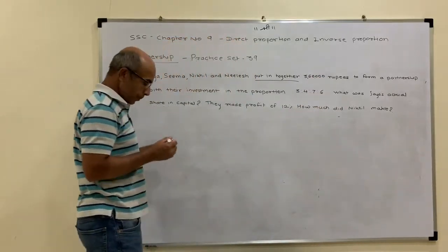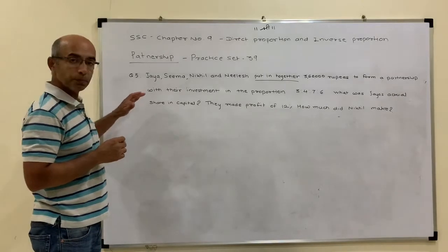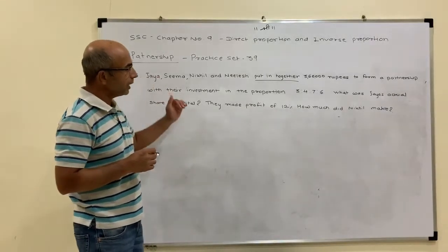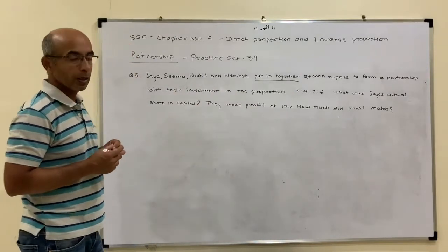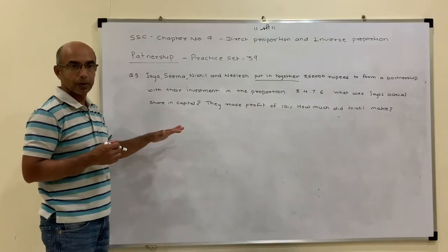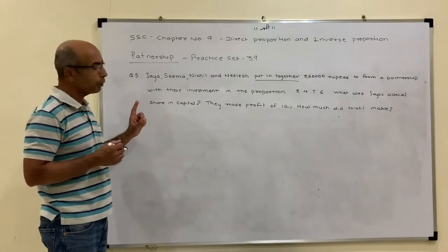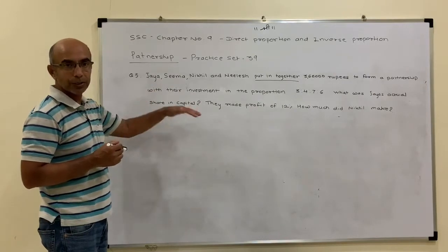To form a partnership with their investment proportion is 3:4:7:6. Now the question: what was Jaya's actual sharing capital? So what we need to find out in this question is how much Jaya's actual amount she invested.